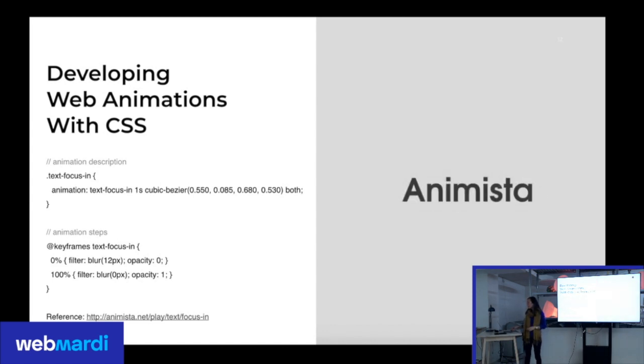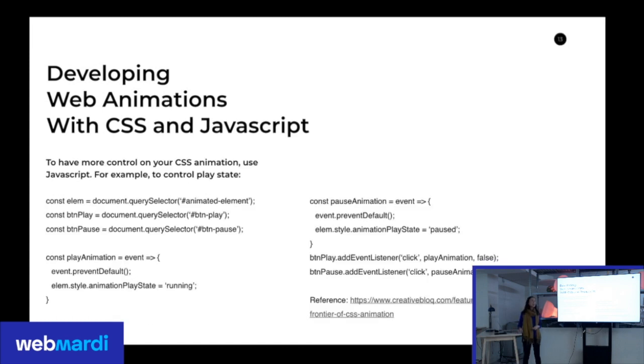But then, of course, you won't be able to do everything using CSS in some situations. For example, when you want to control the state of an animation, then you'll have to use JavaScript. Here is an example showing a play button and a pause button, with events.